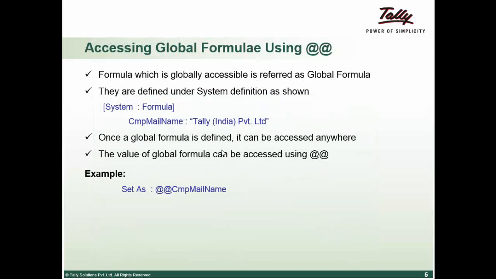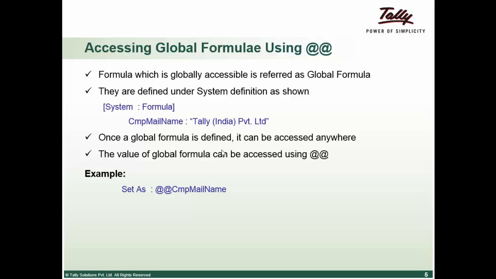Then we have the global formula, that is using the double at. A global formula is one which is defined at the system level and is available across all the definitions. So it can be accessed by any definition, and hence it has to be defined under a system definition.